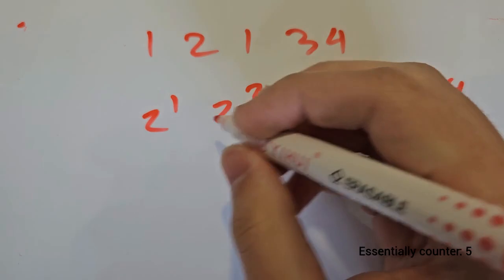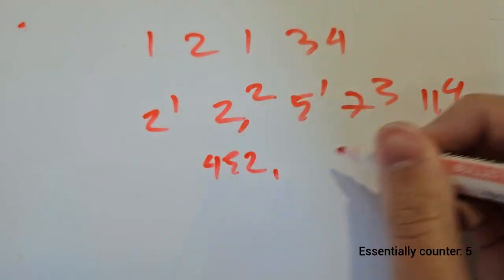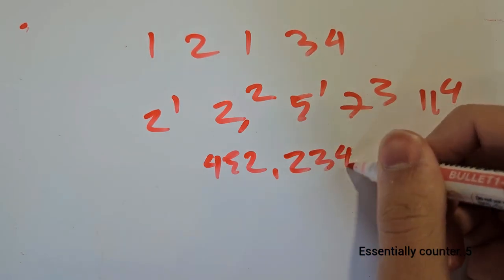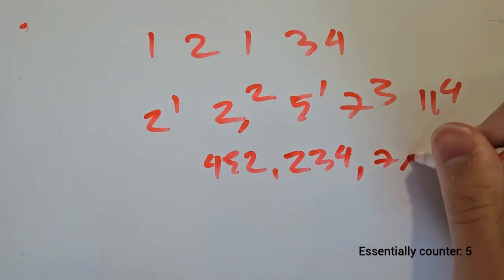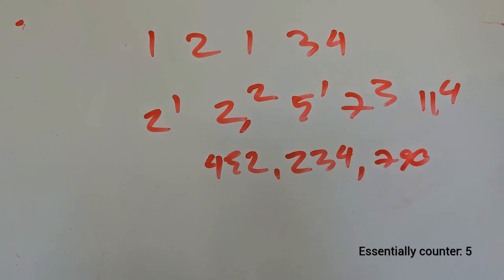Multiplied together gets 452,234,790, which is different from any other Gödel number, and you can't get this number from any other equation, essentially. So you've essentially turned this equation, 1 plus 1 equals 2, into a number that describes itself. So you can see Gödel's a pretty cool guy.